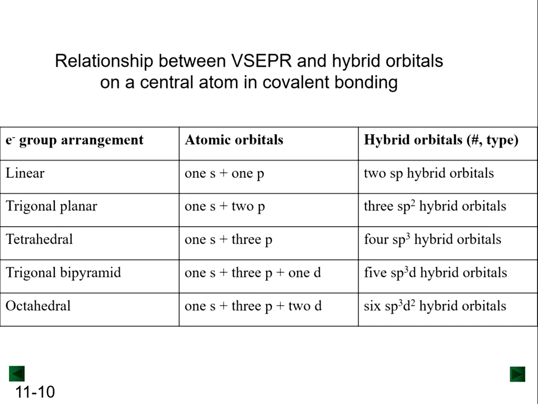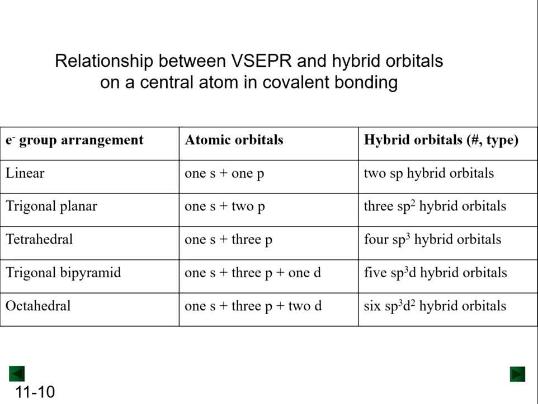And the third column shows us the hybrid orbitals that are produced. We get two sp hybrid orbitals. For a trigonal planar system, of course, there's three electron groups, so we have 1s and 2p atomic orbitals that mix to form three sp squared or sp2 hybrid orbitals.